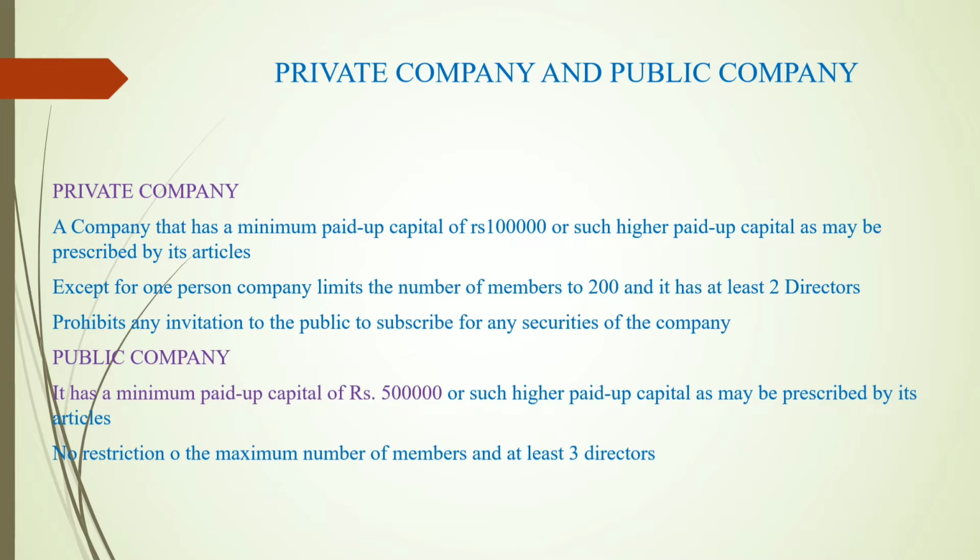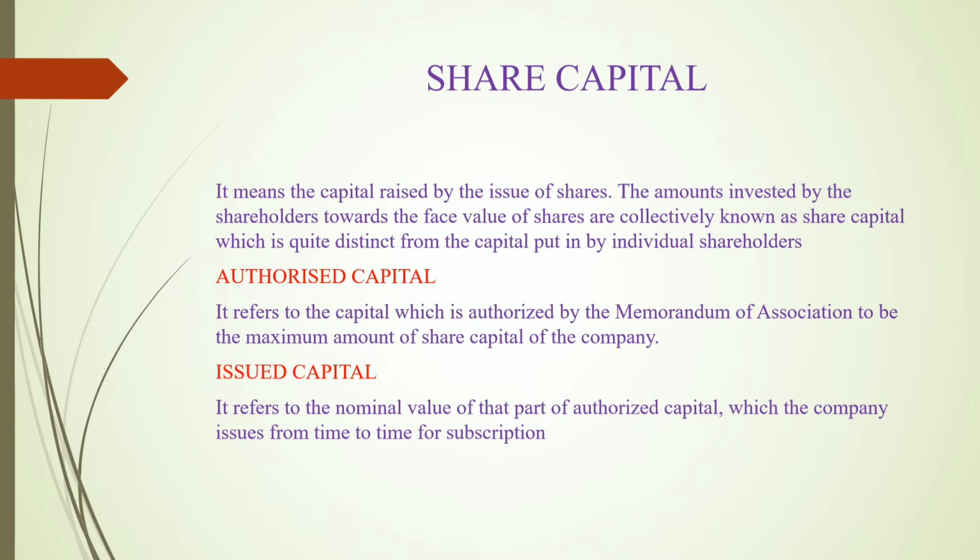A public company may be a company limited by shares or limited by guarantee or an unlimited company. In case a public company is a limited company, then it must add the word limited at the end of its name. And this public company should have at least 7 members and 3 directors.